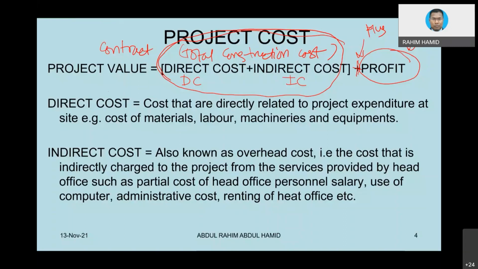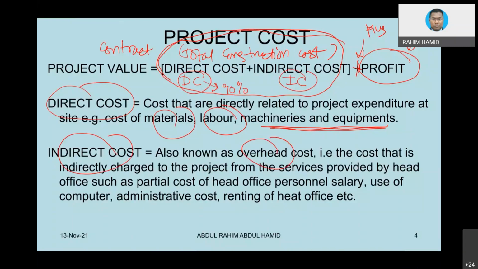So direct cost is all the costs related to material, labor, machinery, and equipment directly. This is what we call direct cost, and the majority of the costs would come from this, maybe around 90%. Whereas the indirect costs are associated with overhead costs: the cost to build the site office, all kinds of utilities, and monitoring and controlling could be part of the cost as well.